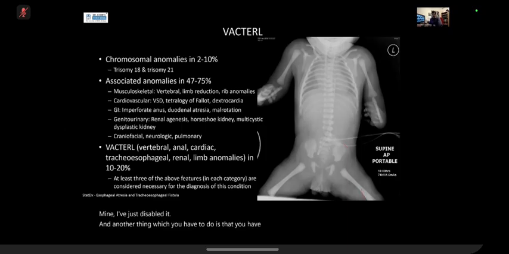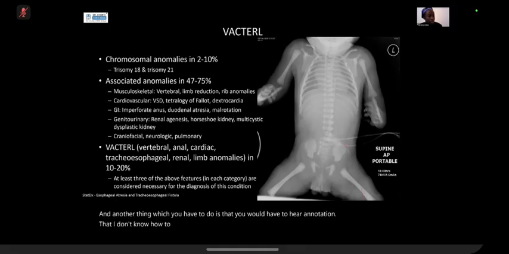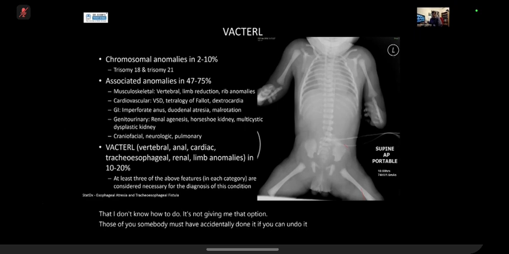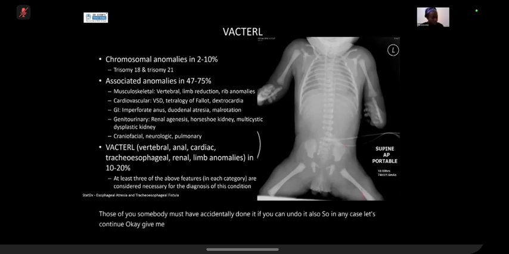We can see 2 red lines there. I've just disabled it. I don't know how to clear them. Okay, don't worry, somebody must have accidentally done it. If you can undo it. In any case, let's continue. Give me 2 seconds, I've somehow turned subtitles on, so I want to turn them off.